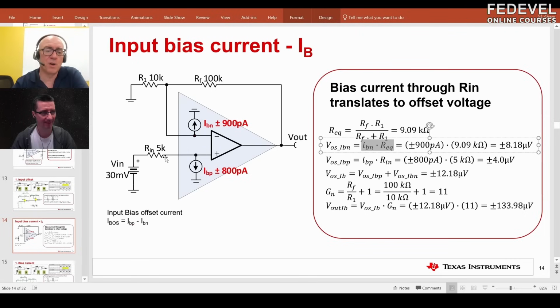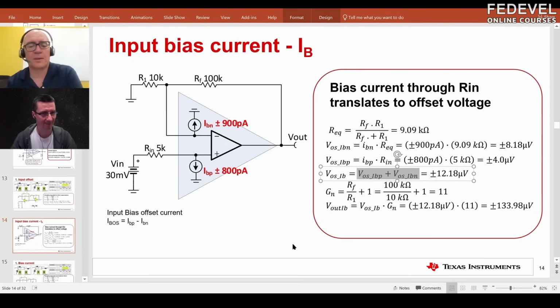So we have two offset error sources, and those are added together, and that's an input offset voltage. To find the output, you would just multiply it by the gain. So that is how you would do it.